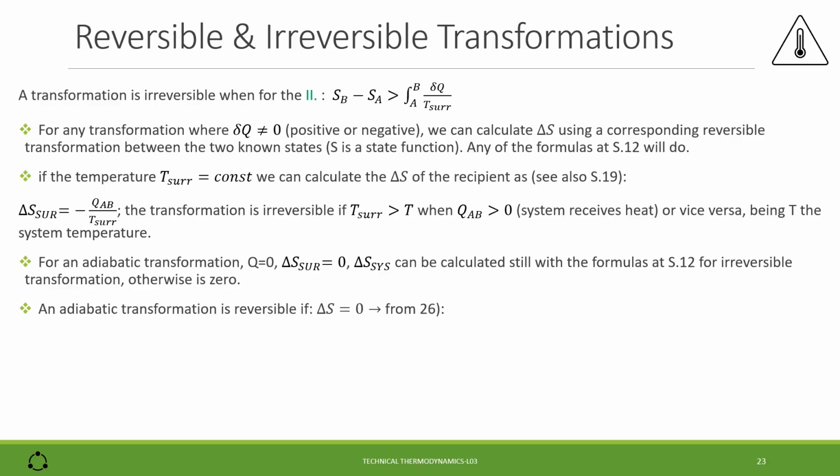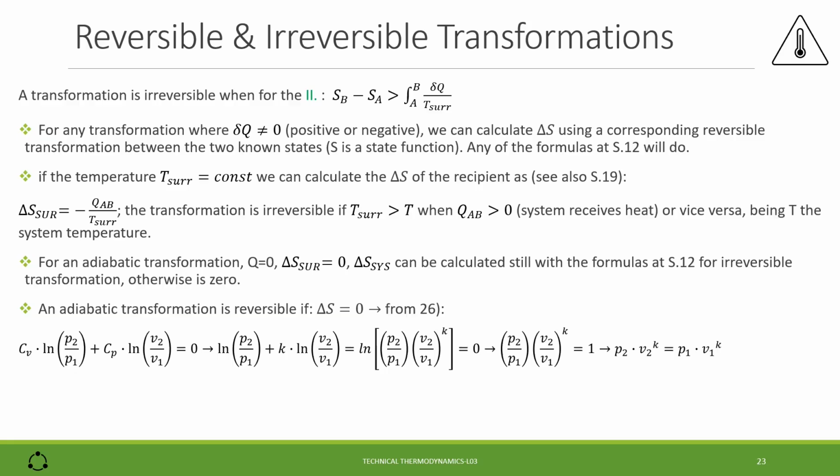For an adiabatic reversible transformation, delta S is 0, and from formula 26 we can express this delta S in this form: Cv times logarithm of P2 over P1 plus Cp times logarithm of V2 over V1, and this is equal to 0 by definition of reversible transformation. Therefore, if we divide by Cv, we can write logarithm of P2 over P1 plus K times logarithm of V2 over V1, being K the ratio between Cp and Cv.